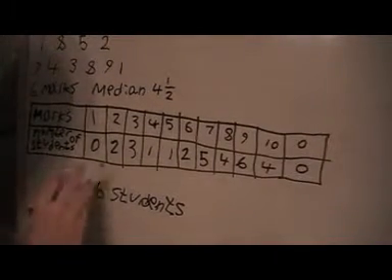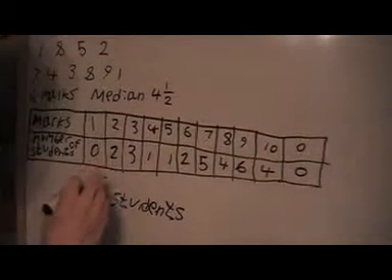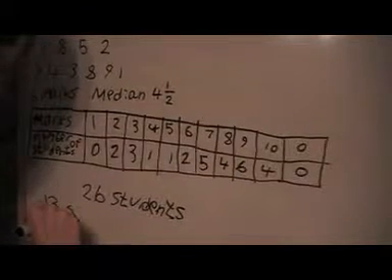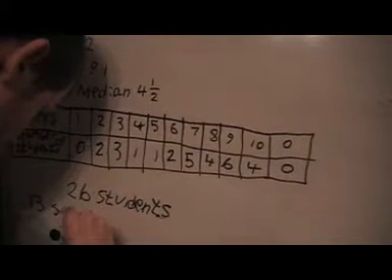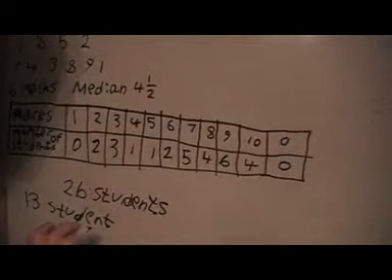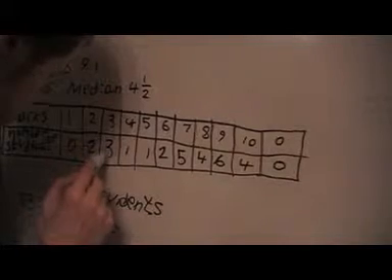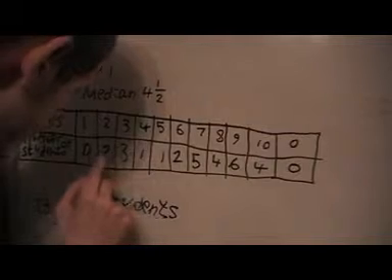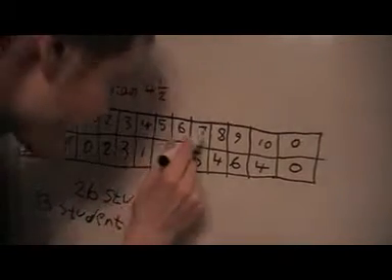There's 26 students. You need to find which one the 13th student's in. 13th and 12th, but no, it'll just say 13th. That's fine. So the 13th one will be in this one, which was 7.